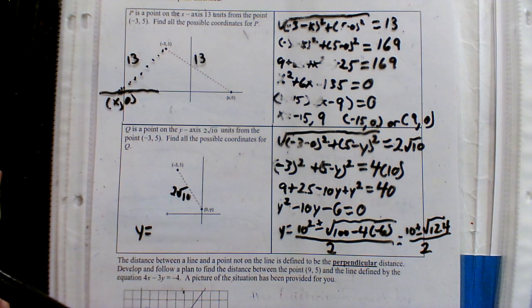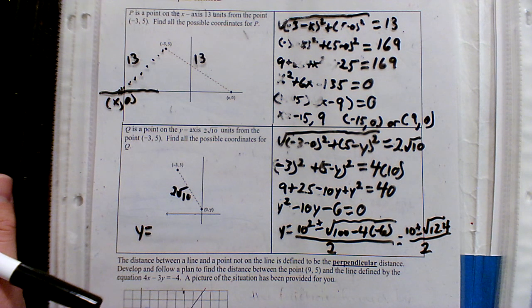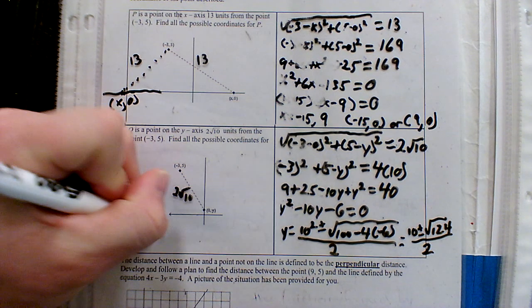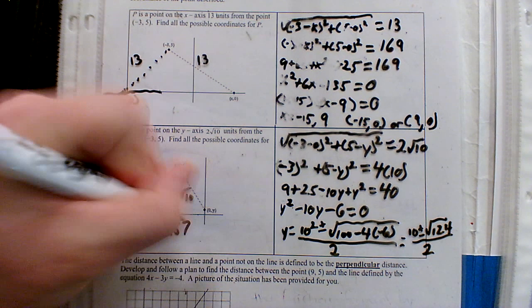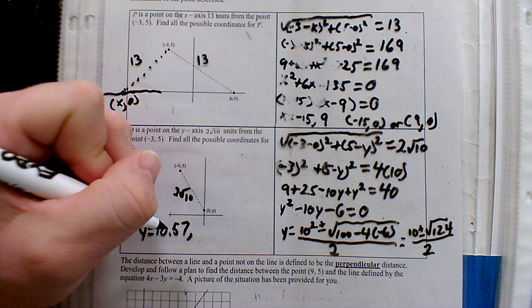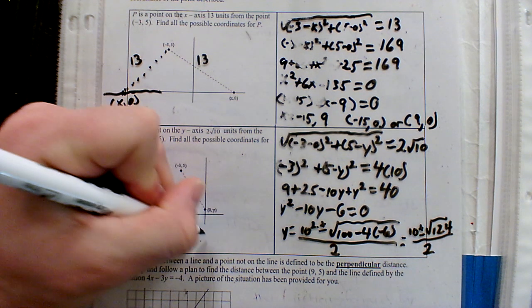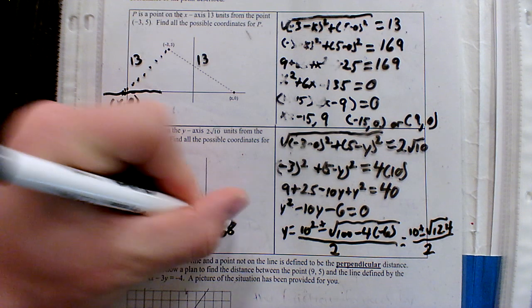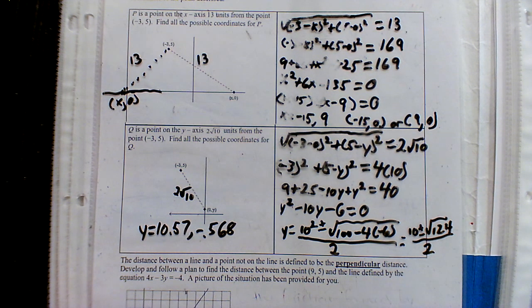Marie, you have them? No? Okay. Anybody have one of the answers? 10.57. Anybody have the other? Go ahead. Negative 0.57. Yep, 0.568. Very good.